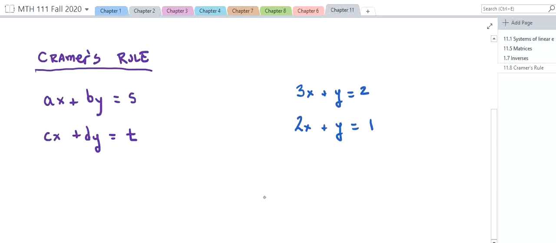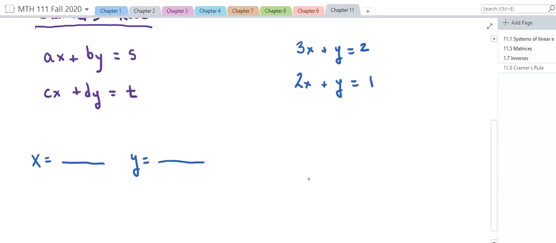And what we do for that is we solve for x and y directly. So x equals and y equals. The way we do this is we have 2 determinants, a determinant in the numerator and a determinant in the denominator. Let's start with the denominator first.